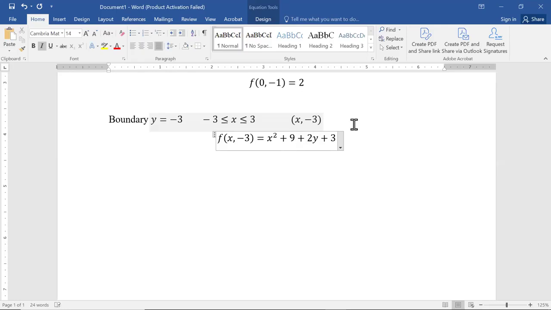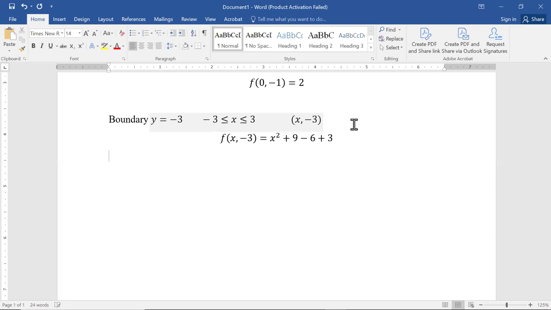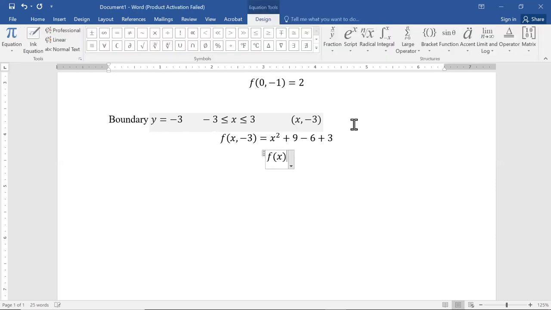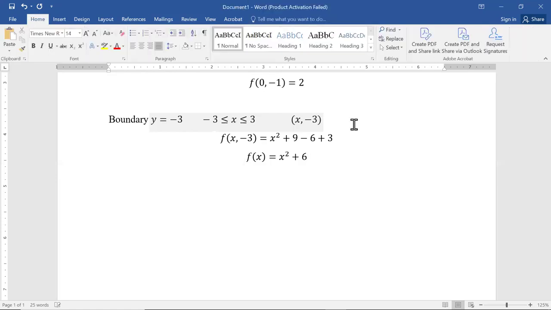And then 2 times -3 would become a -6. And so I'm getting the function x squared plus 6.